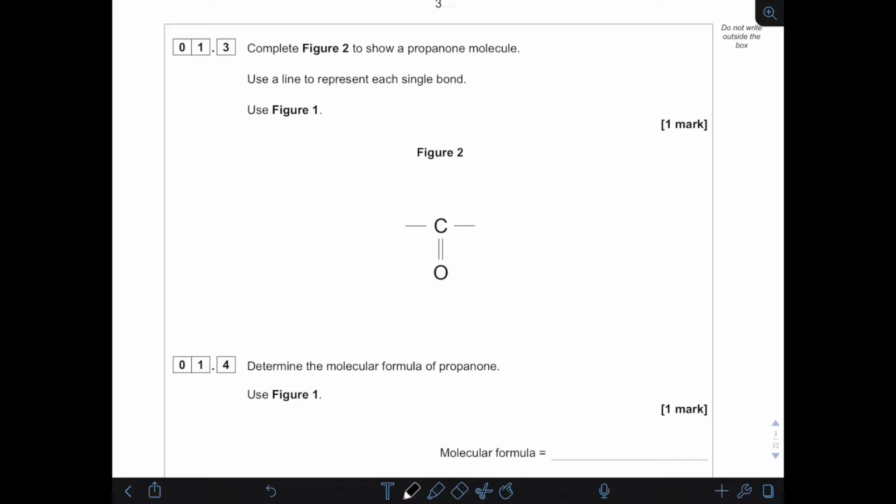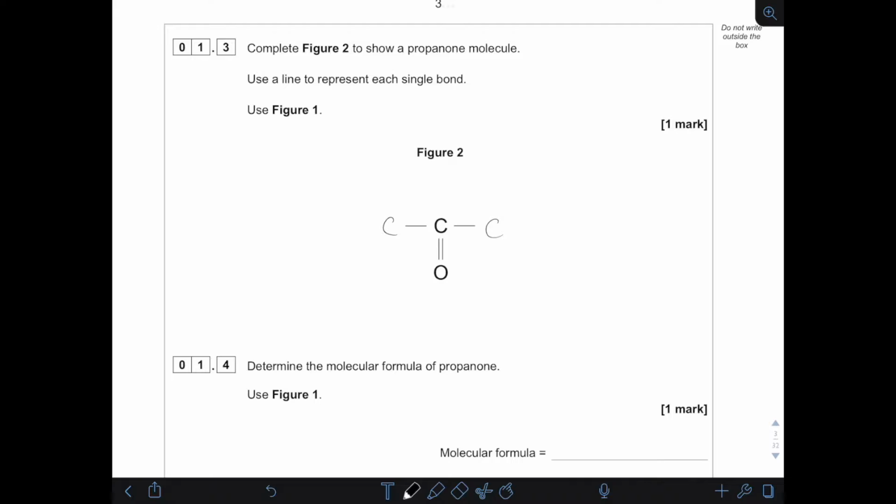So you can see this one is a displayed formula with all the carbons written out rather than a skeletal one. So we have to draw out the 2 carbons on 2 sides and then make sure that each carbon is tetravalent.